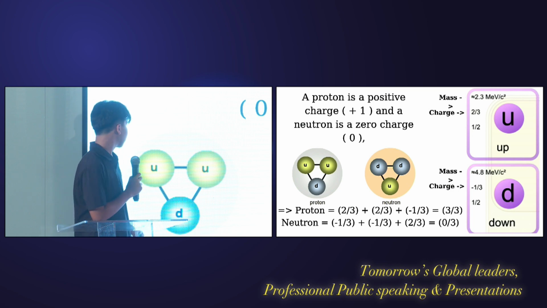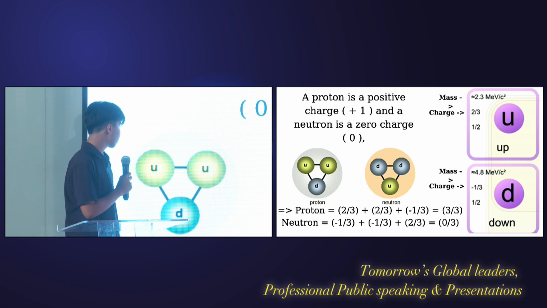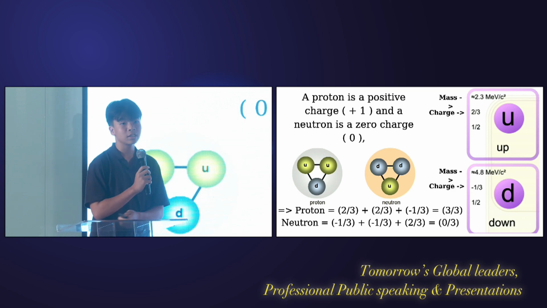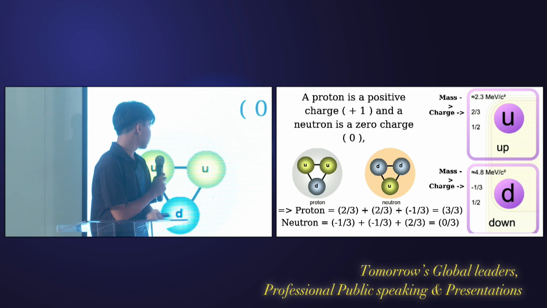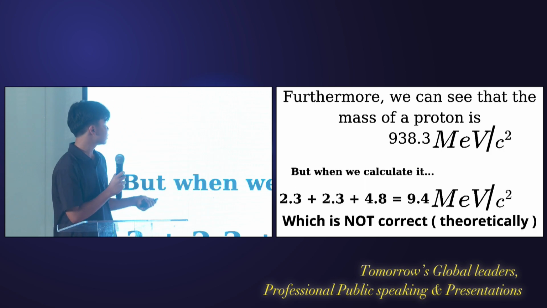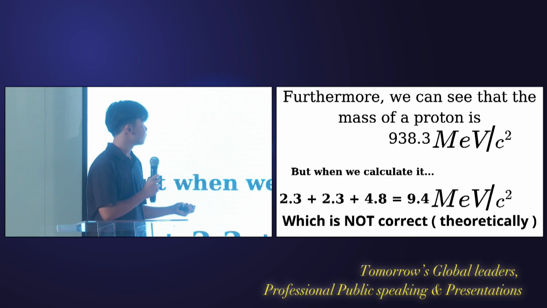So if we do the calculations, 2 up quarks and 1 down quark, you get 3/3, which is 1 positive charge. And if we do the calculation for the neutron, we get 0 out of 3, which is the 0 charge. And next, let's talk about mass.